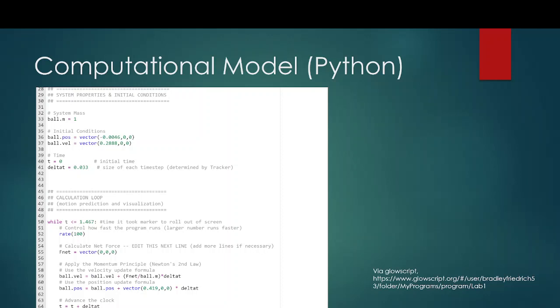So the while loop just shows that 1.467 seconds was chosen because that's how long the marker rolled in the screen for. And so for every timestamp under 1.467, the velocity of the ball was updated and the position was updated as well.